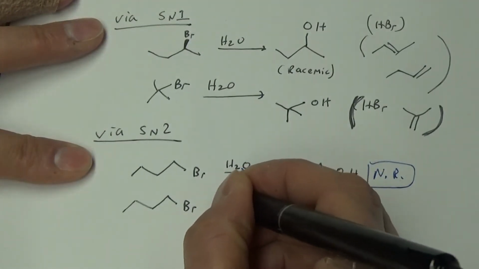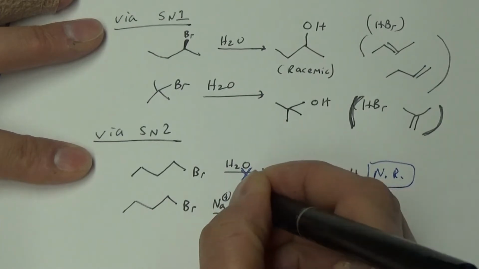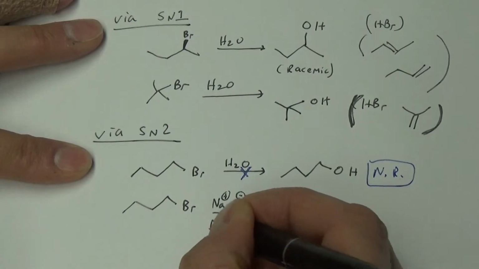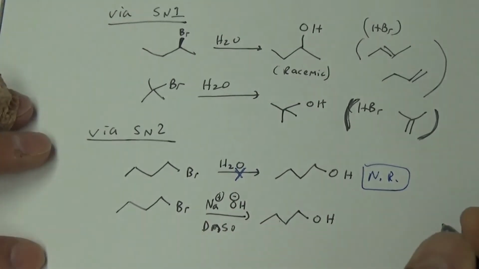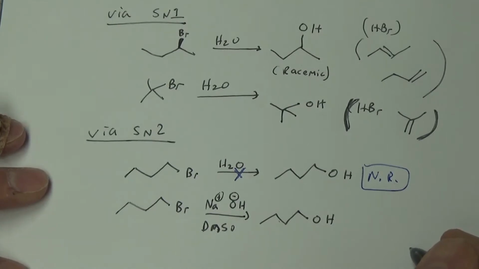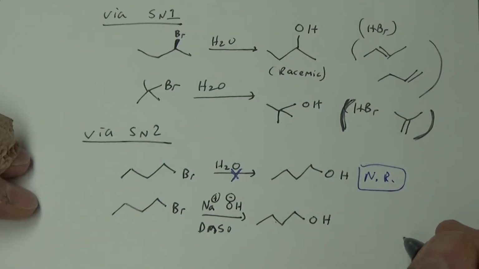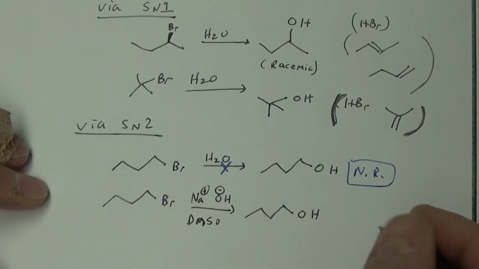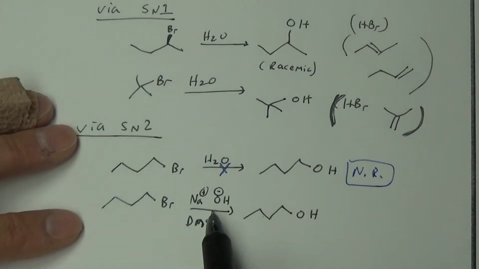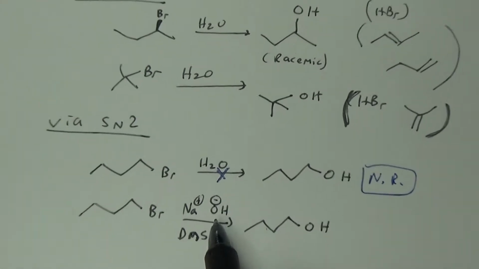Na plus OH minus, maybe DMSO or some polar aprotic solvent. And yeah, that totally does work. But we do have a slight problem: it's a good nucleophile, but it's also a good base.